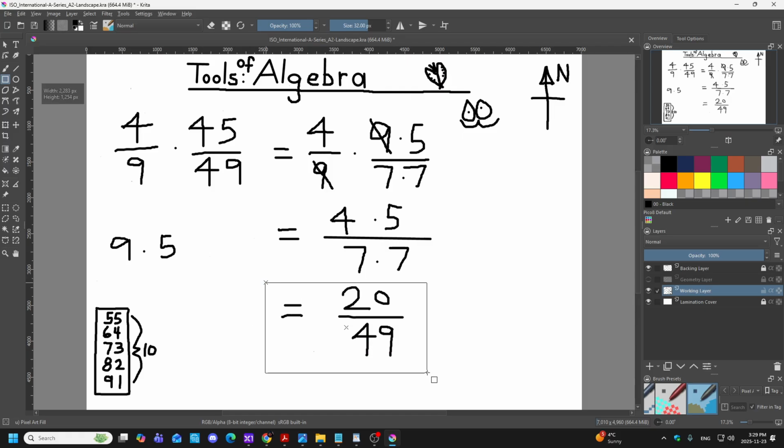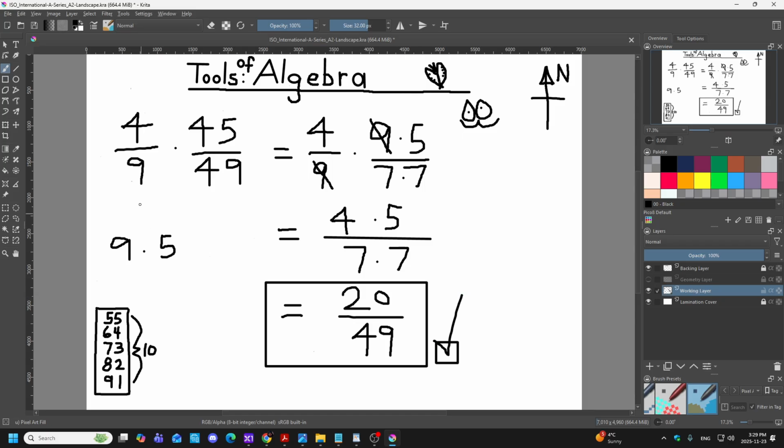You see how I'm teaching you guys and gals to save yourself some time and a lot of extra work? Just do the reducing right from the get-go. Because I think a lot of it's taught where you do it at the end. Why? Just get it done now, and then you don't have these massively large numbers. Well, what's 45 times 4?